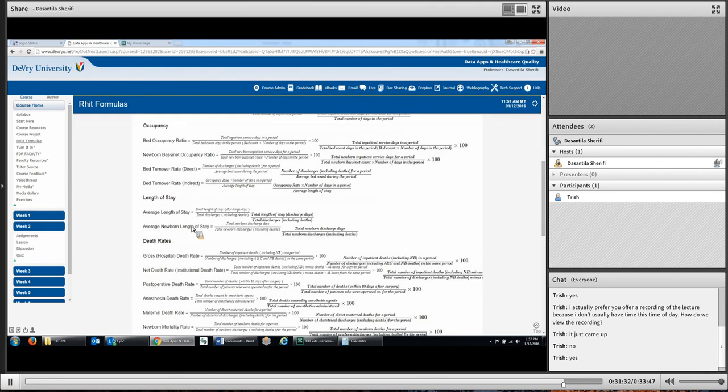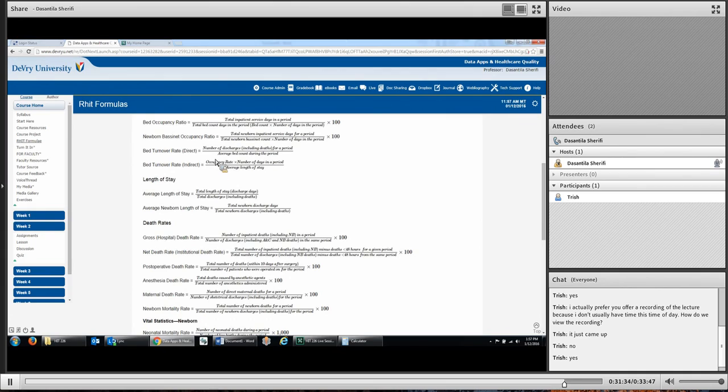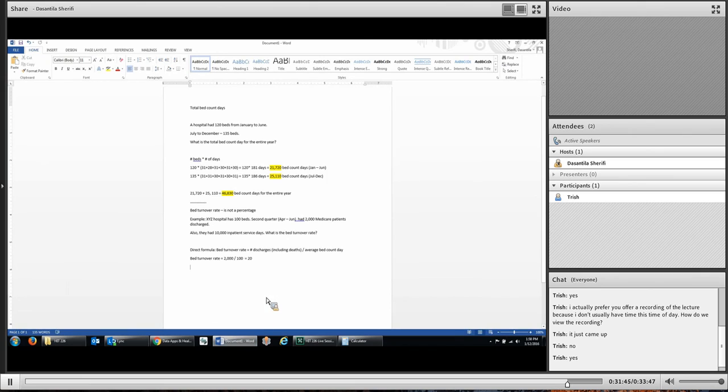Okay, bed turnover rate, you see, there are two. You use the one that's easier, this one right here: number of discharges for a period divided by the average bed count during the period. And that's what we used. We ended up not using the inpatient service days. We didn't have to. So not every number that is given needs to be used. Pay attention to your formula, pay attention to what you're being asked, and just pull the information you need.